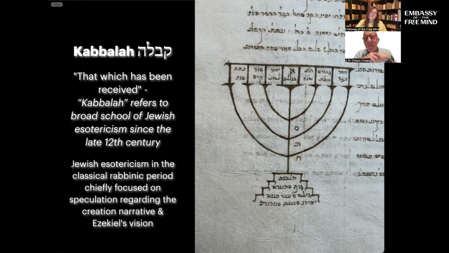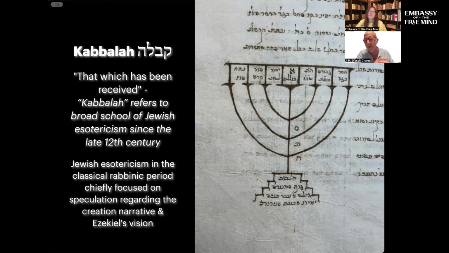That speculation may have had experiential aspects, but as the rabbis discuss it in classical rabbinic literature, it's primarily esoteric exegesis, an esoteric understanding of that biblical material, with the focus on the beginning of Genesis being cosmogonic secrets, secrets pertaining to the creation of the cosmos, and the focus in the speculation around Ezekiel's chariot, which is described in the first chapter of Ezekiel, being what we would call, using Greek terminology, cosmology.